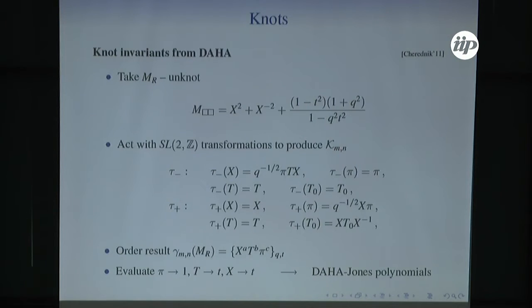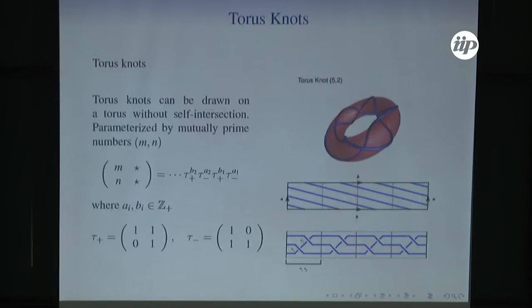Basically, the construction works like this. You start with Macdonald polynomials, and you act with an automorphism of this Hecke algebra that acts like a braiding operation to produce a knot, and from that you can extract the invariants, in particular Jones polynomials, but you can also have more general polynomials. And this works well for a particular class of knots, which is called torus knots.